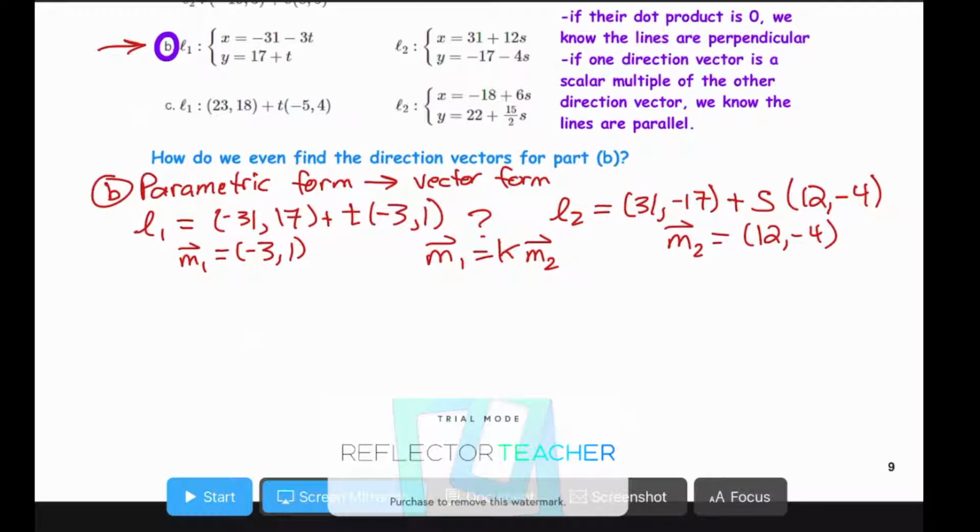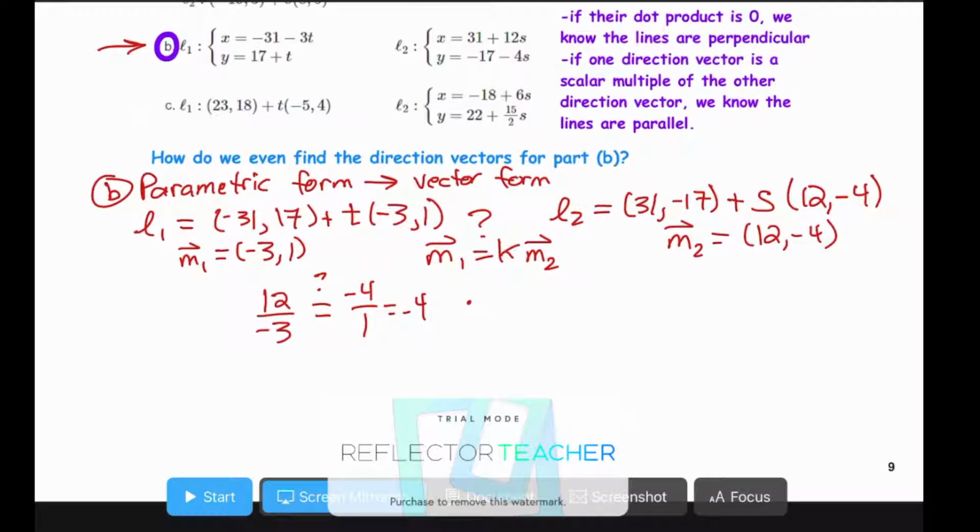So I'm going to take the x component from my second vector and divide by the x component from my first vector. So we're kind of doing like m2 over m1 kind of thing here. Is that equal to the y components? Negative 4 over 1. And yeah, it is. Negative 12, or sorry, 12 divided by negative 3 is negative 4. And negative 4 over 1 is negative 4.